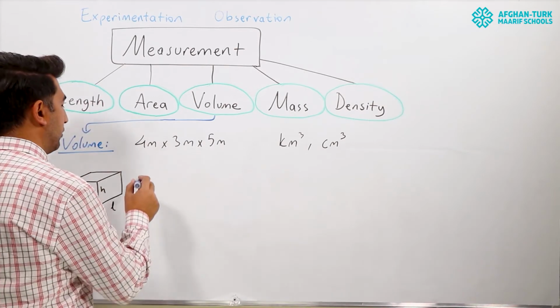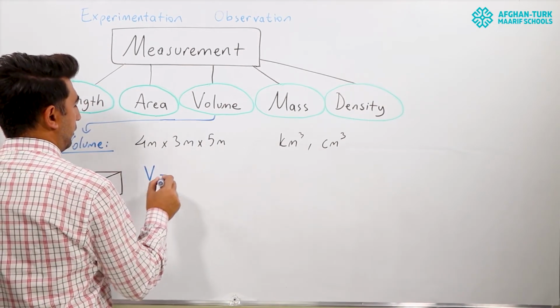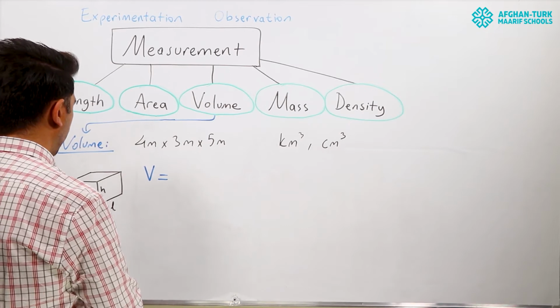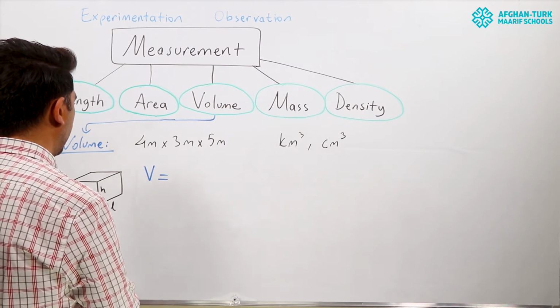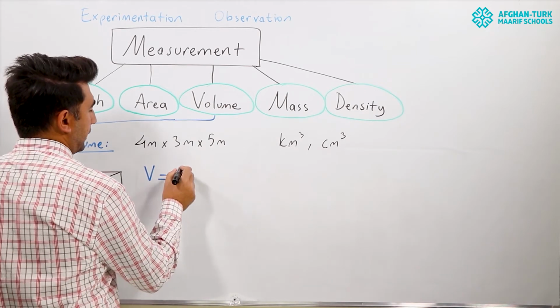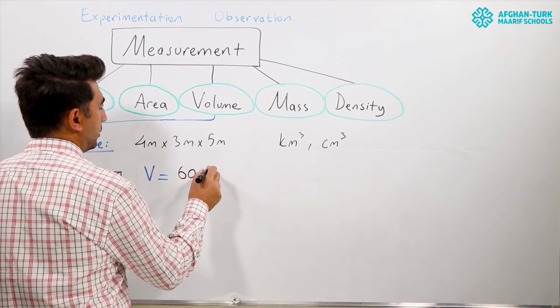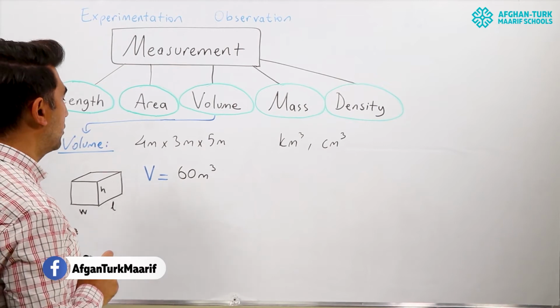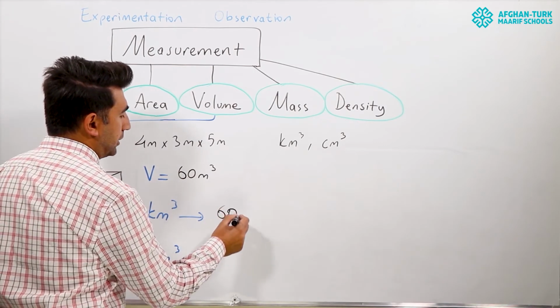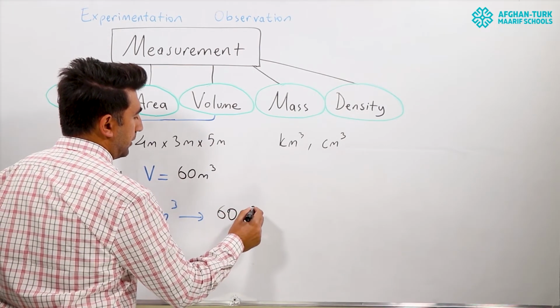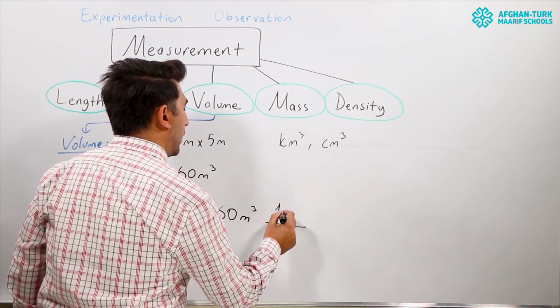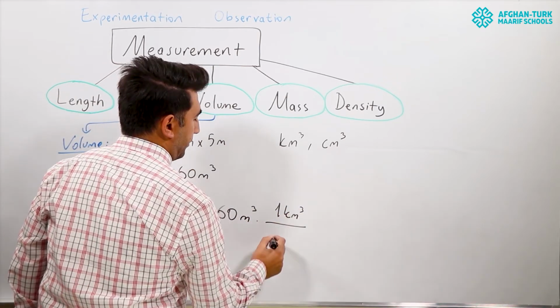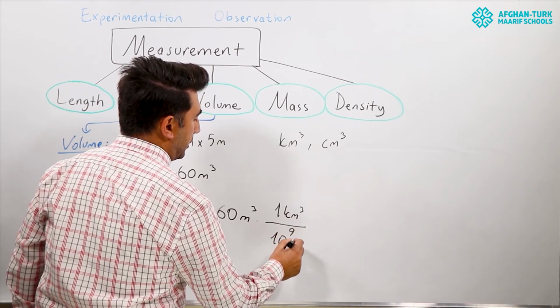First, I have to find the volume. Volume is equal to 4 times 3 times 5, 60 meter cube. So the room has the volume of 60 meter cube. First, I am writing the given number, which is 60 meter cube, times 1 kilometer cube is equal to 10 to the 9 meter cube.